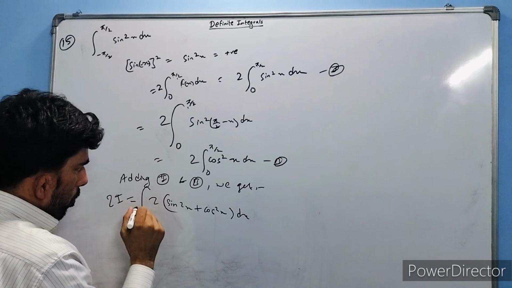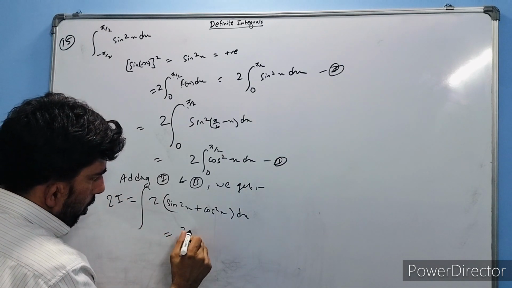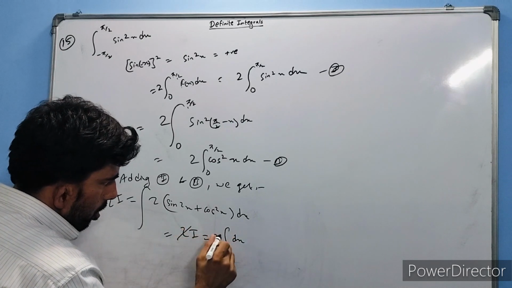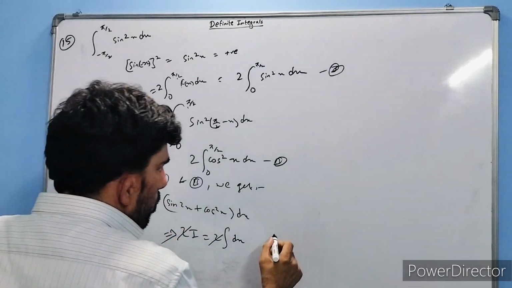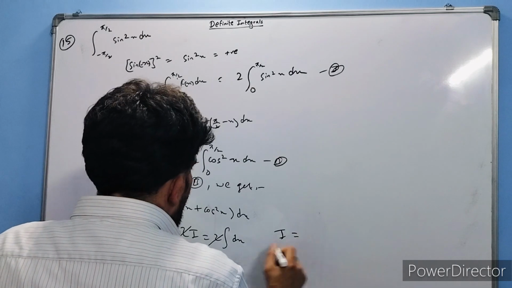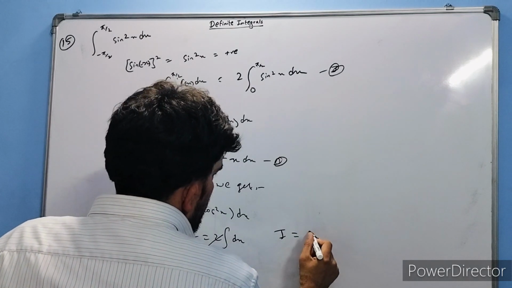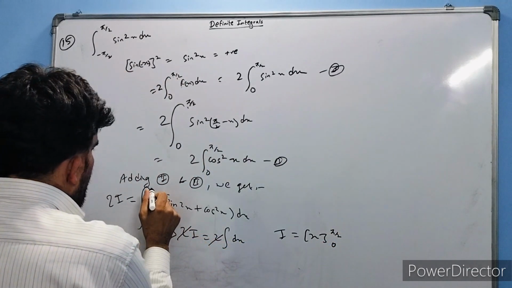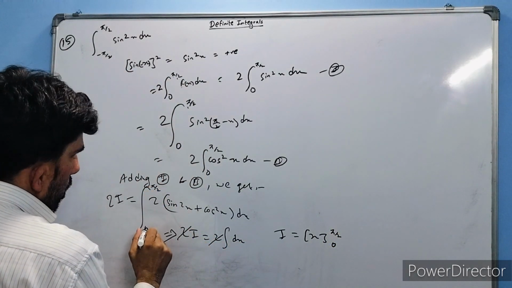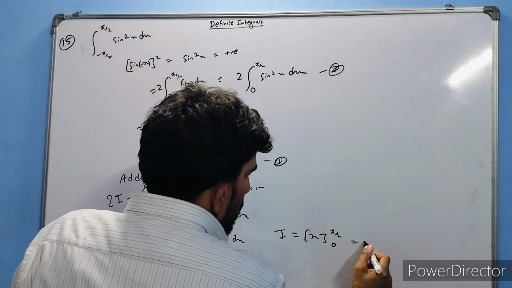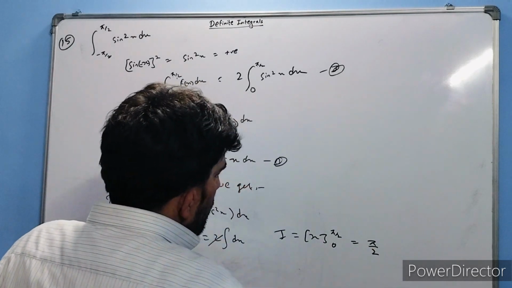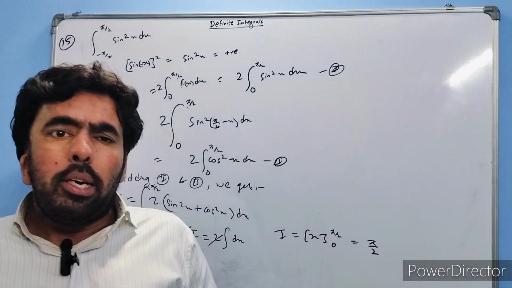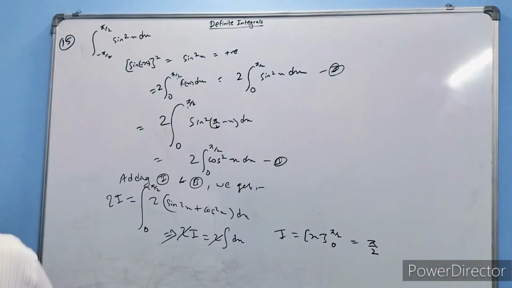So 2I is equal to 2 dx. Now I get I is equal to x from 0 to pi by 2, so I get pi by 2. That is how we are able to evaluate the definite integral using the properties.